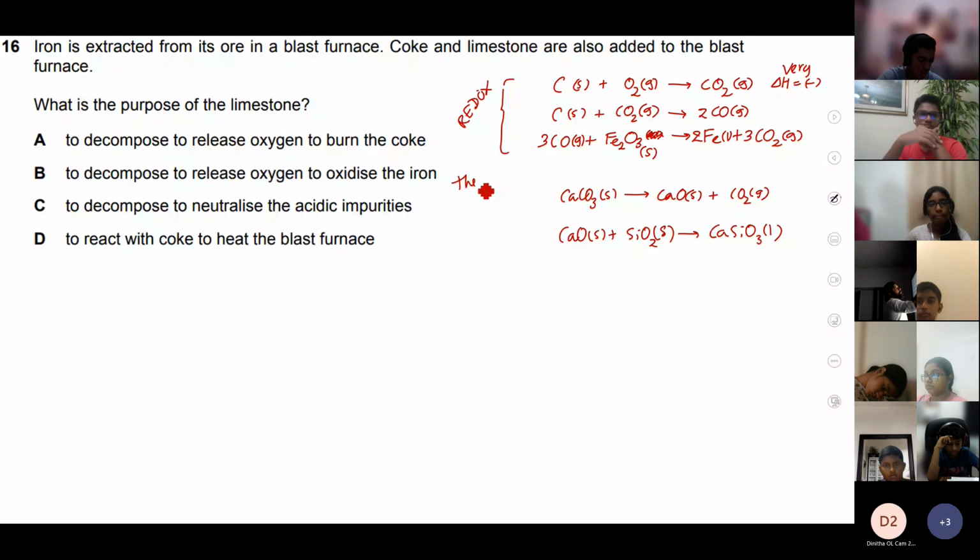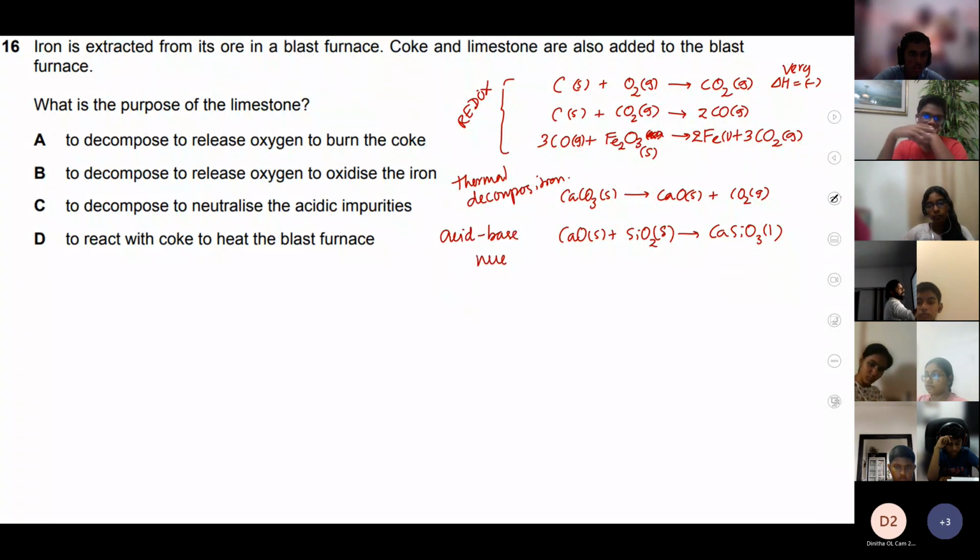Actually, we are in trouble because we got power earlier than expected, so I wonder whether I will have enough backup power, but we'll go ahead as much as possible. This is an acid-base reaction, and it's a neutralization reaction as well.